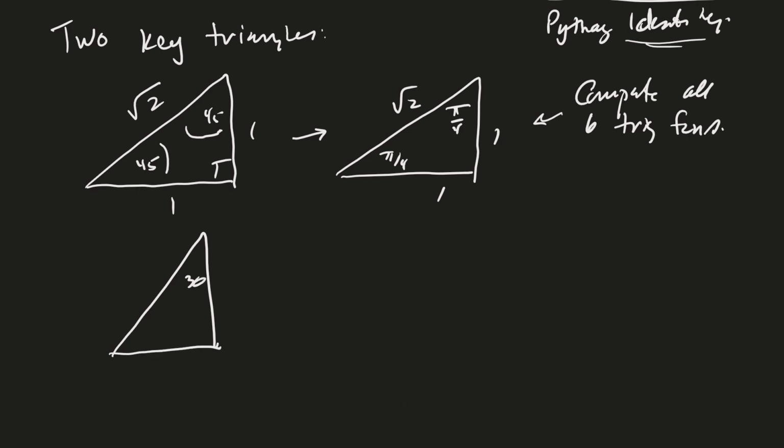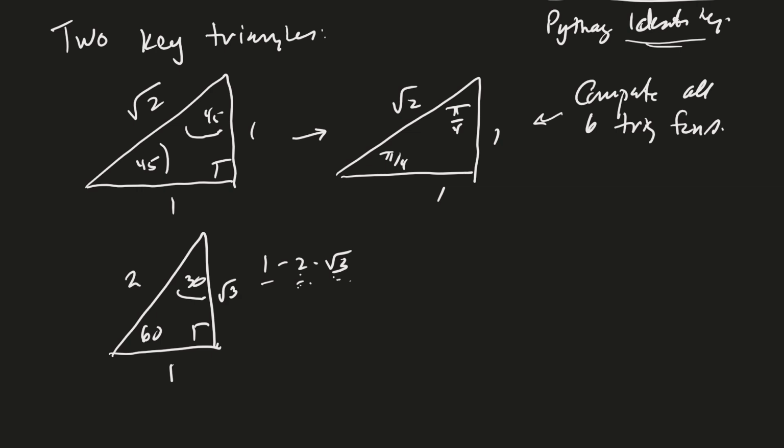Good. And the other key triangle is the 30, 60, 90 triangle. And the idea is that the ratios of the sides are 1, 2, square root of 3. And so which side goes with which angle? Well, 1 goes opposite the smallest angle. And then is 2 or square root of 3 bigger? 2 is bigger, so 2 goes on the hypotenuse, and square root of 3 goes there.